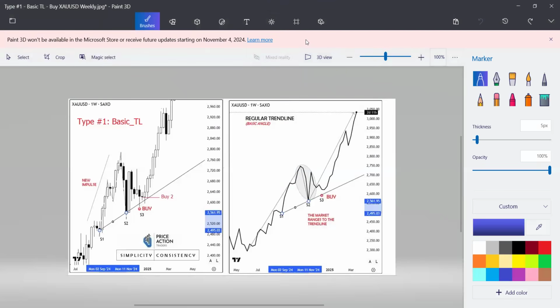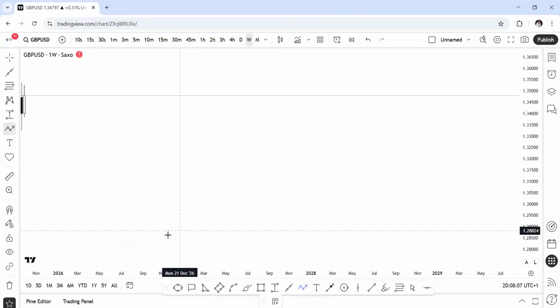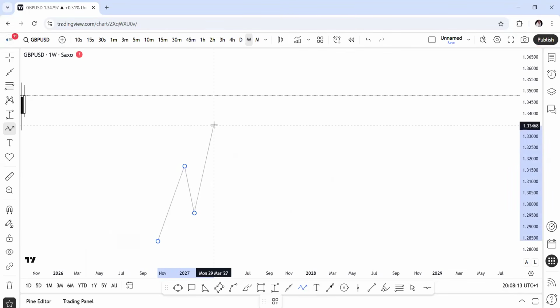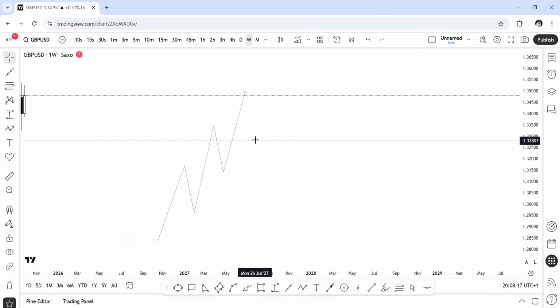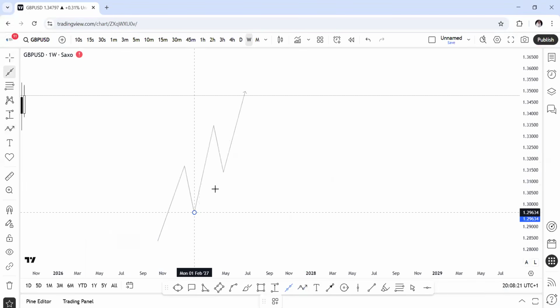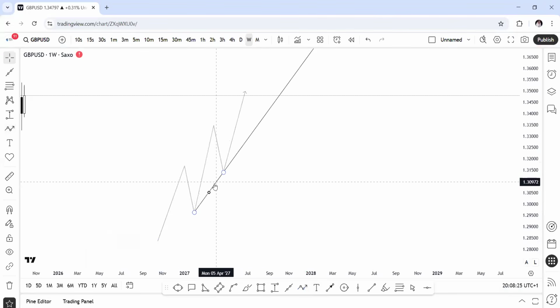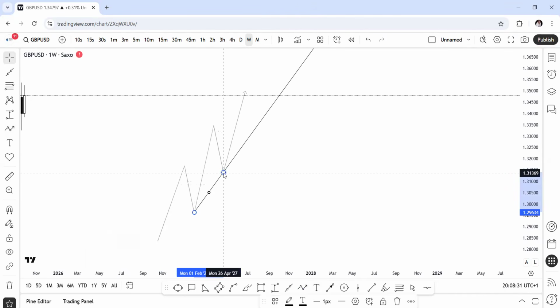Let me draw it very well here. This is if you have the market structure moving up, pull back, you have identified two supports here. Then you move the trend line to it. This is the first point, second point.